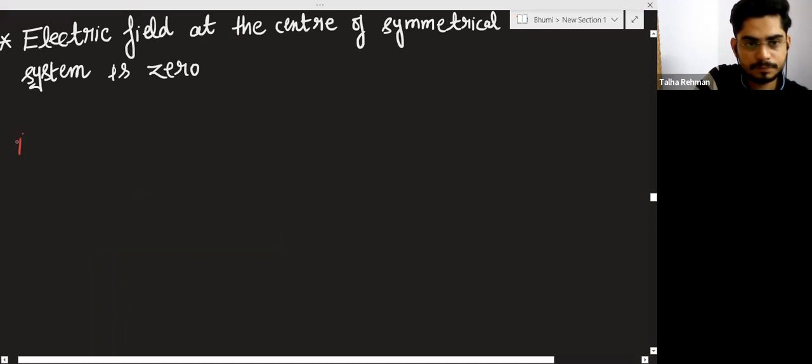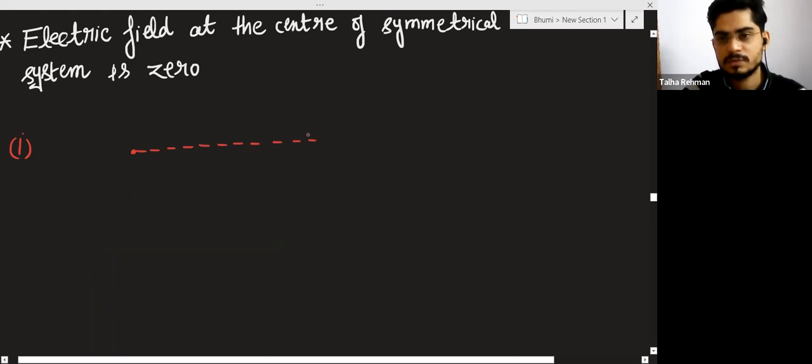Number one, if this type of system is there, system means there will be charges separated by some distance.